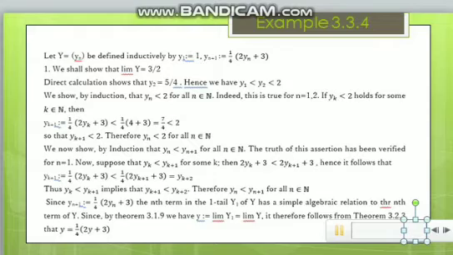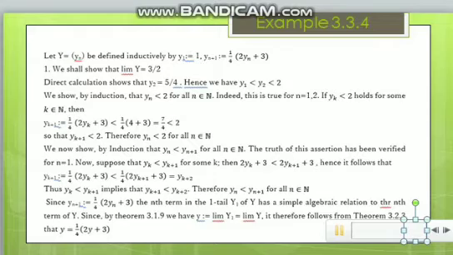Now suppose that y_k < y_{k+1} for some k. Then 2y_k + 3 < 2y_{k+1} + 3.